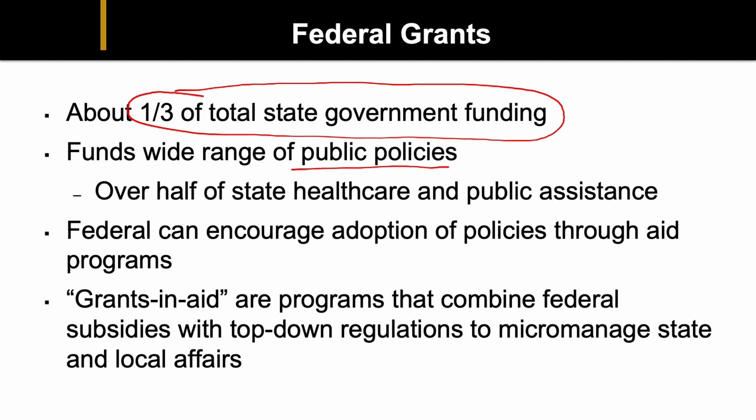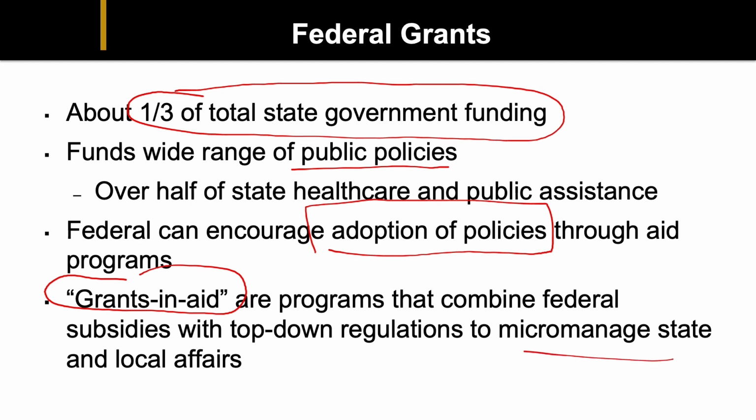Over half of all state health care is paid for by the federal government, and over half of public assistance is paid for by the federal government. And the federal government can and does often encourage adoption of policies it wants states to do through aid programs. There's something called grants-in-aid programs, which are programs that combine federal subsidies with federal regulations to micromanage state and local affairs.